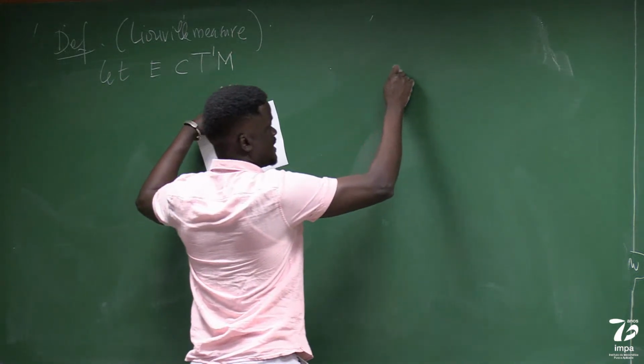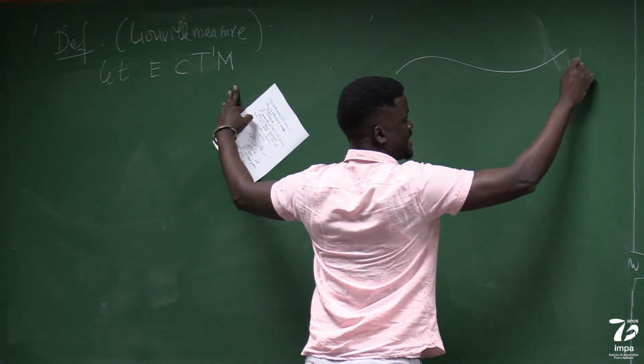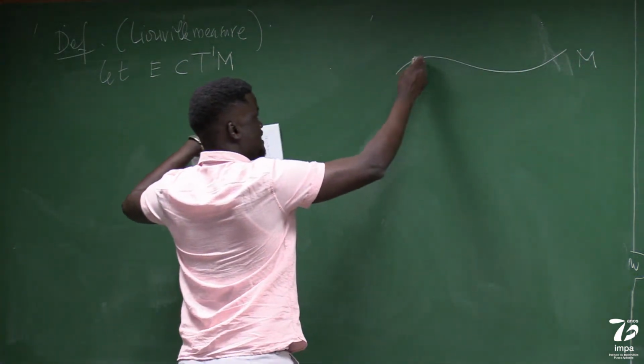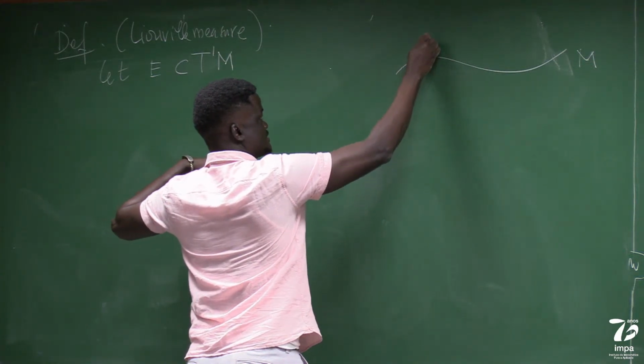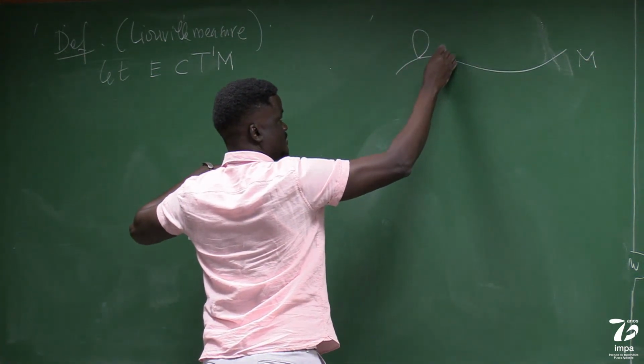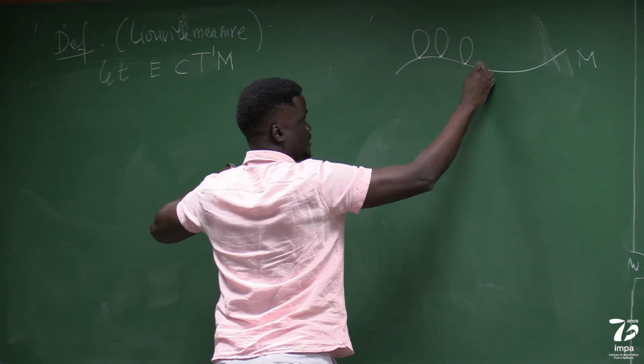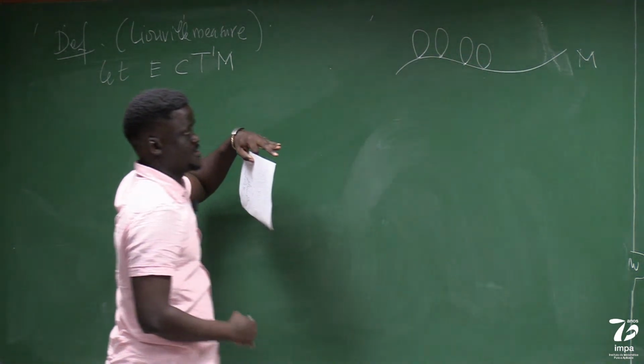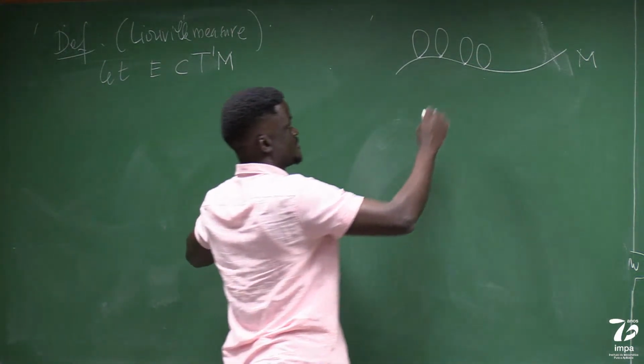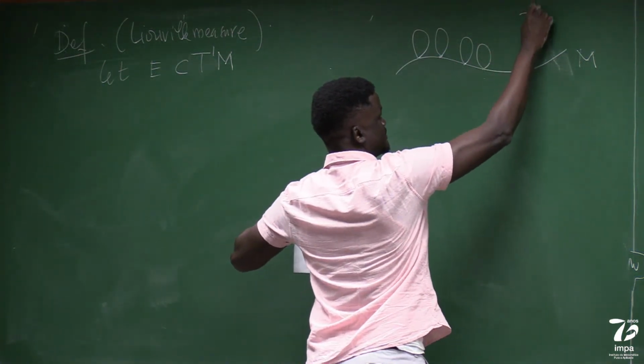You have this is M. At every point here, you attach a sphere. So this is what T^1M looks like. This whole thing is T^1M.